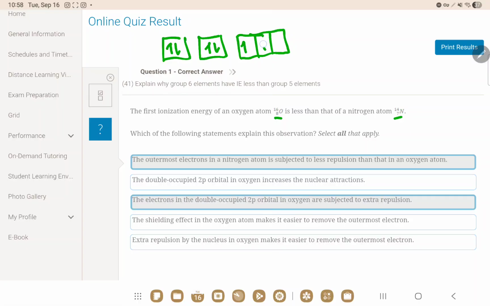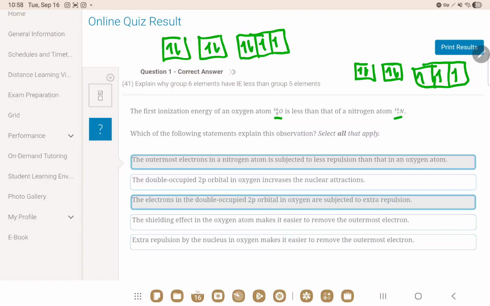No, this is 4. Yeah, 2p4. And now for nitrogen, same thing almost.